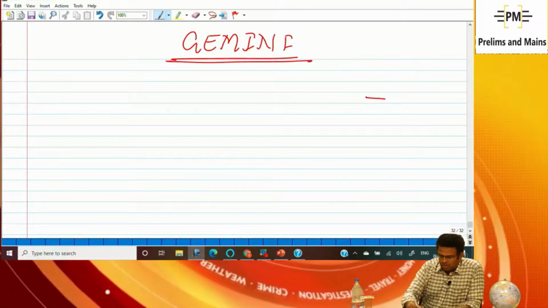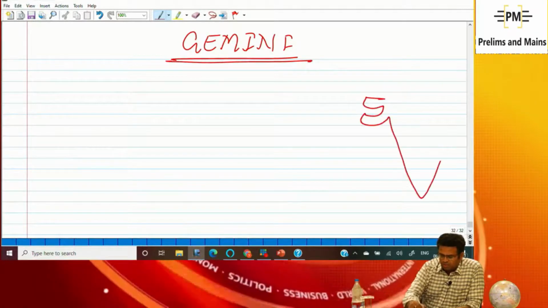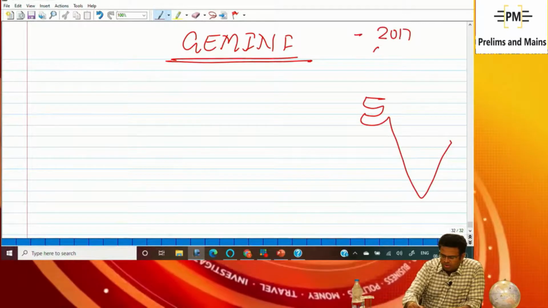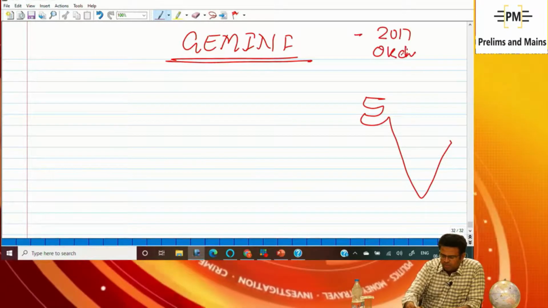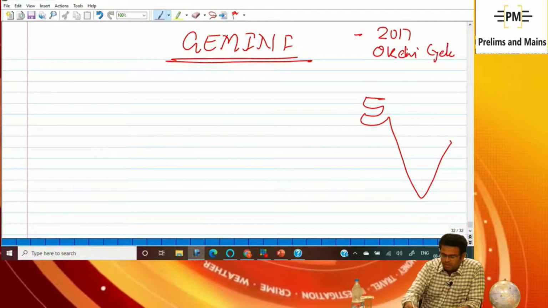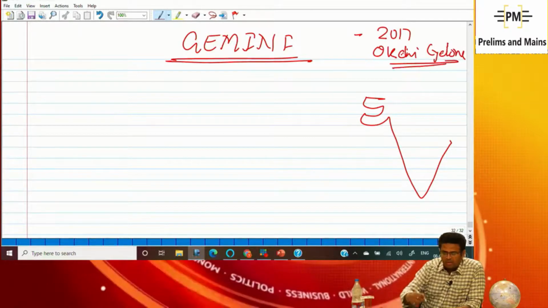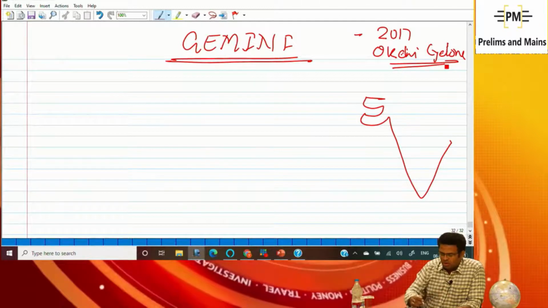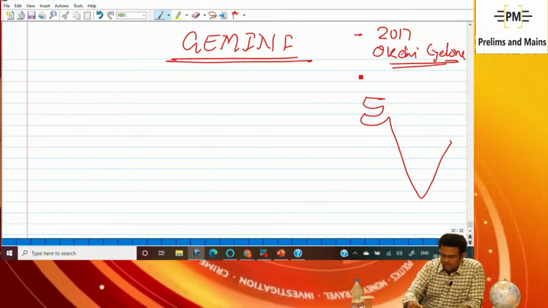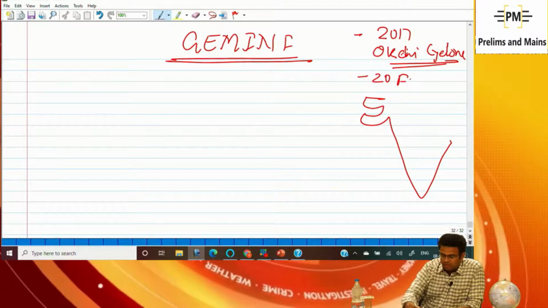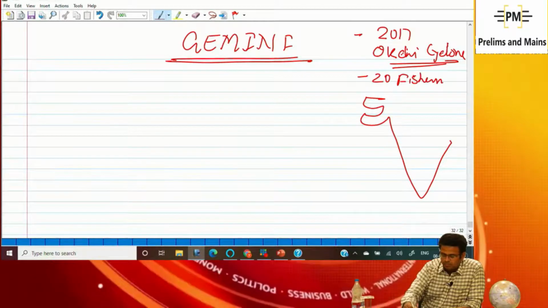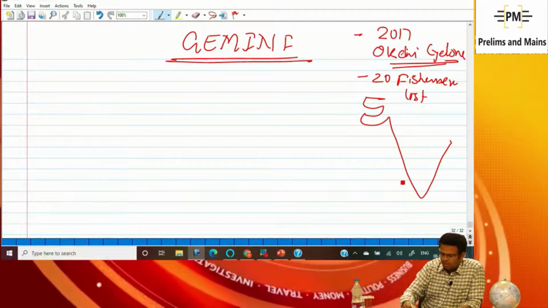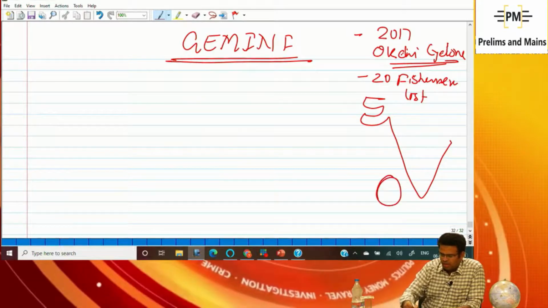In 2017, there was the Ockhi cyclone. If you do not remember, you can remember now. In 2017, Ockhi cyclone, and then 20 fishermen were lost here.